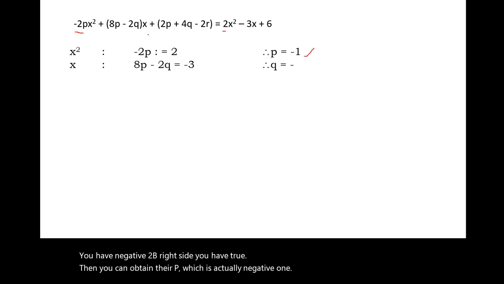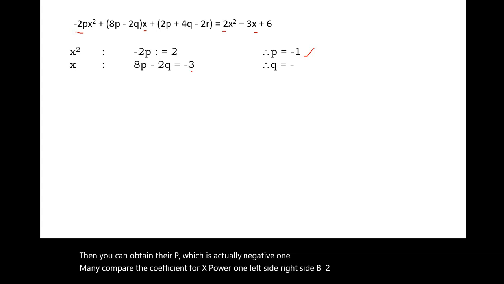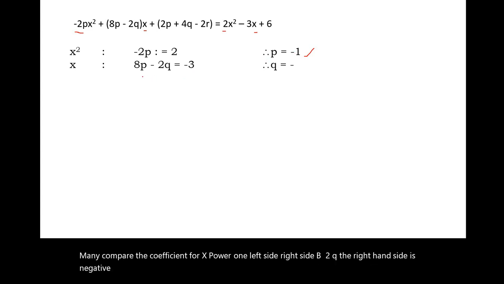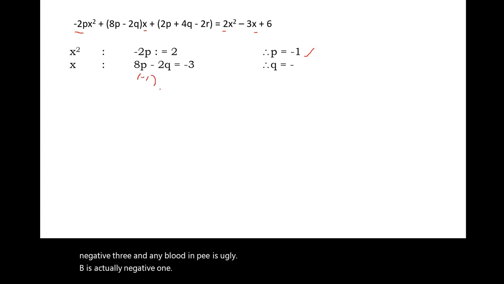Then we compare the coefficient for x power 1, left side, right side. You have 8p minus 2q. The right hand side is negative 3. And then you plug in p is negative 1. Hence you have 2q, because p is negative 1, so you have negative 8 plus 3, so negative 5.